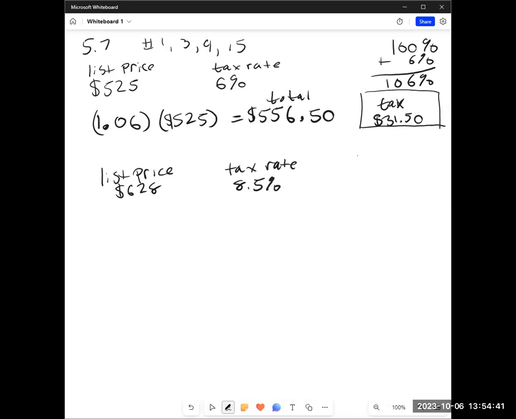So our total price is going to be 108.5% times 628.